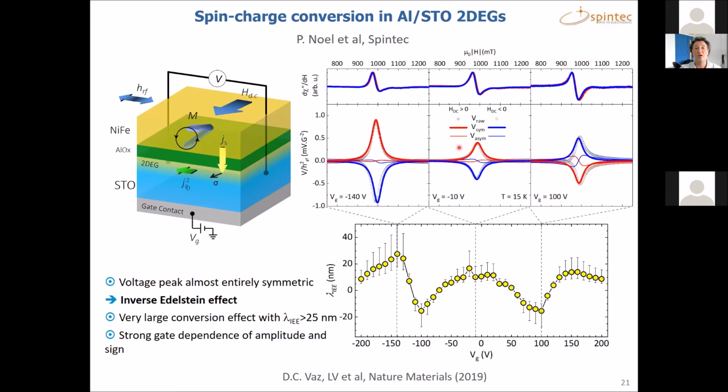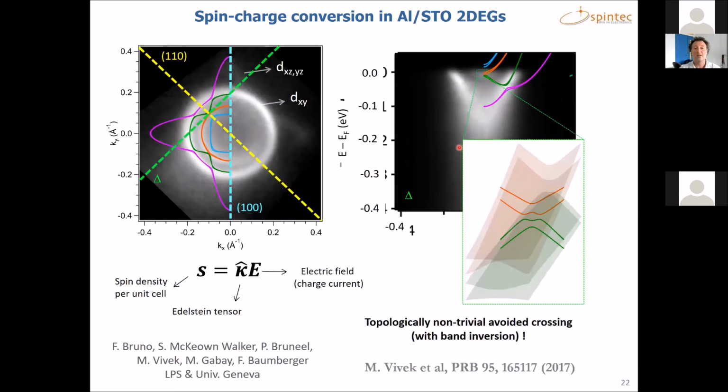So our colleagues in Geneva and LPS model and observe from the ARPES data the band structure of this STO system, having 4 bands plus the spins, so a total of 8 bands.